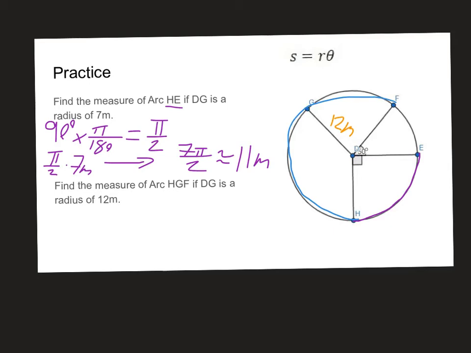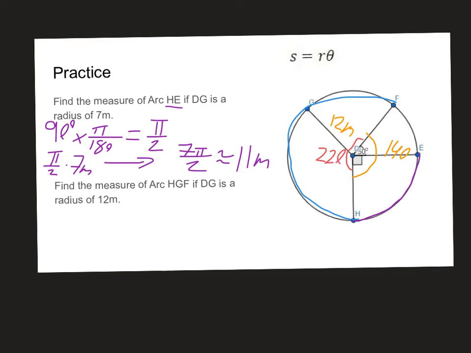So, we know that this is 90, this is 50, so all of this in here must be 90 plus 50, which would be 140. So everything out here would be 360 minus 140, or 220 degrees.